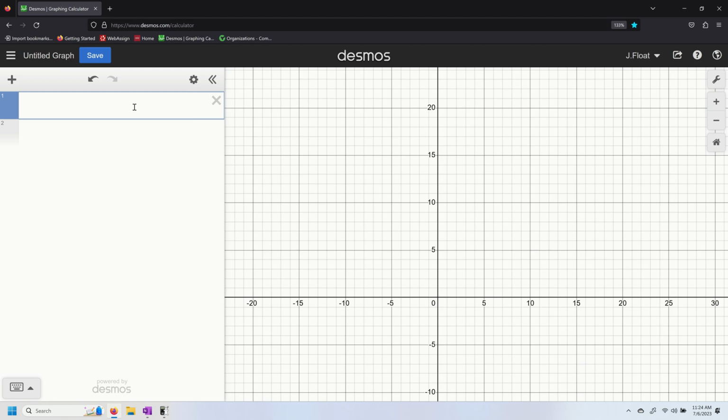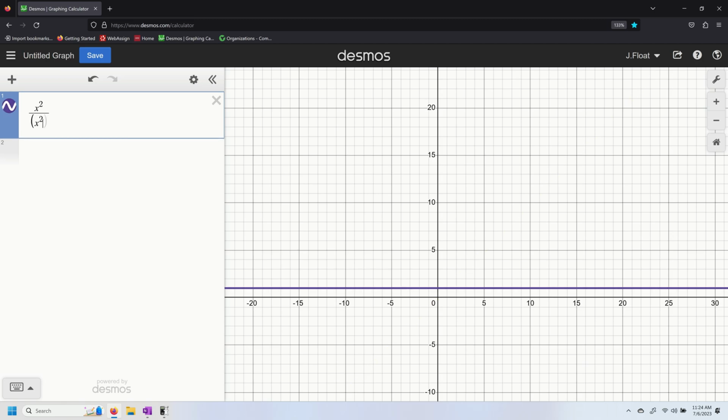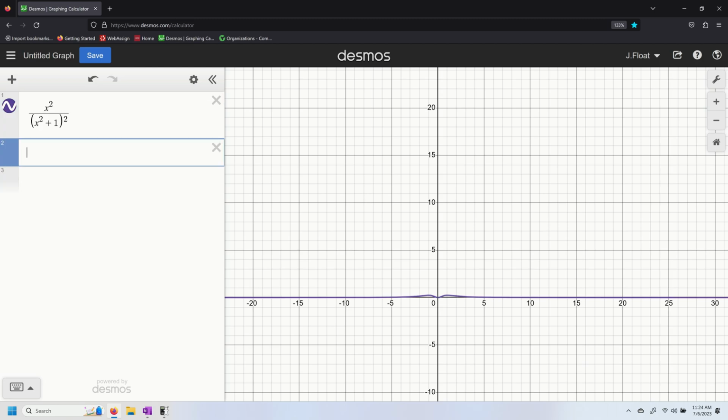All right, so let's see what we have. We have the ratio of x squared over the quantity x squared plus 1 raised to the second, and it's going to be in between 0 and 1.